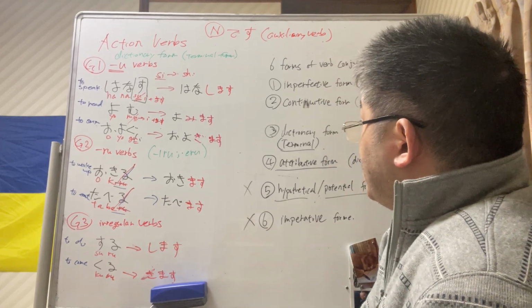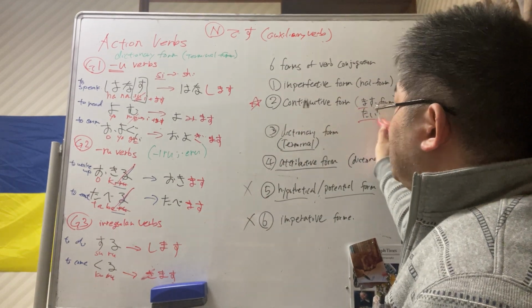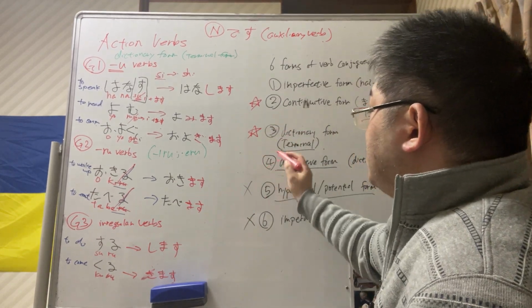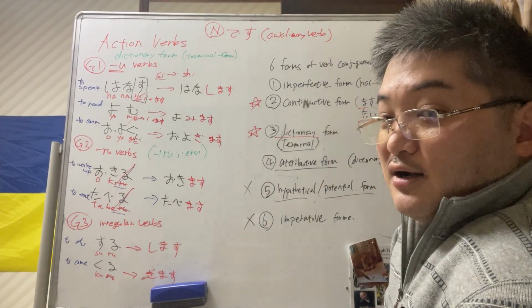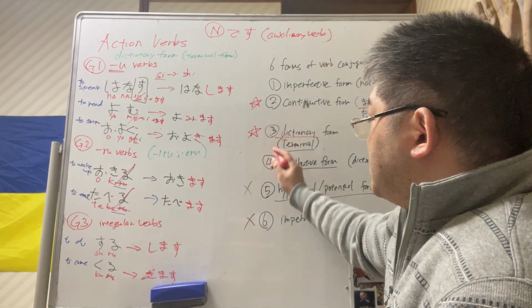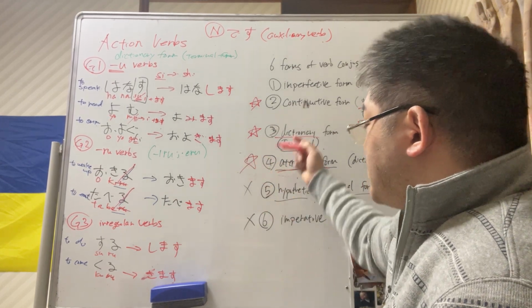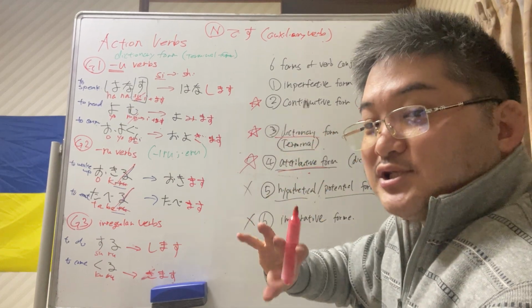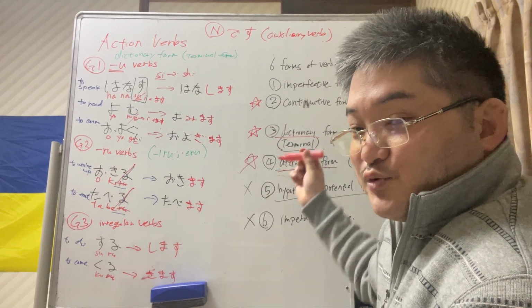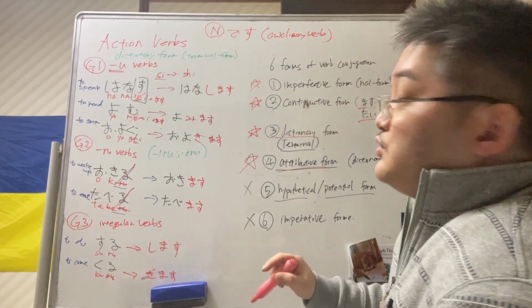And you already know this form, the must form, right? And you already know, you're sort of studying this one, the dictionary form. And if you know the dictionary form, you know the attributive form as well, because it takes the same form. It's essentially the same, just the grammatical function is different between the two. And you're now studying the nai form.